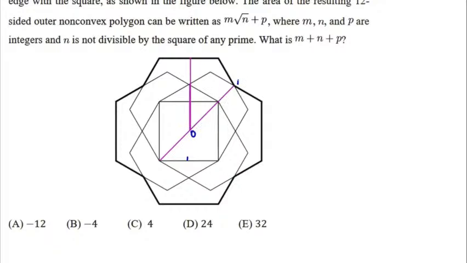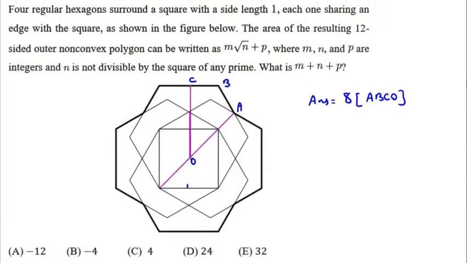The answer is what times the area of ABCO? It will be 1, 2, 3, 4, 5, 6, 7, 8. It will be 8 times this area. Now, let's focus on how we can find the area of that.